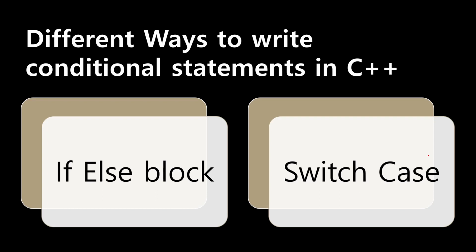I will teach switch case in the next video, but today our main focus will be on the if else block, because if we study switch case also today, then the video will get very lengthy, trust me.